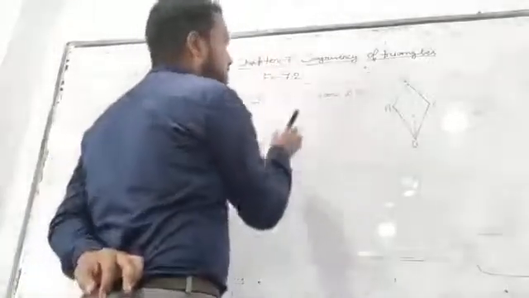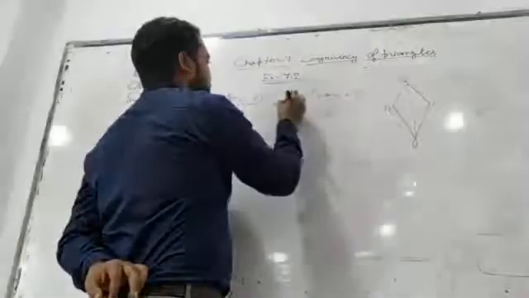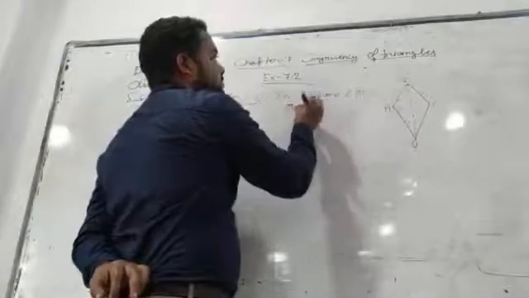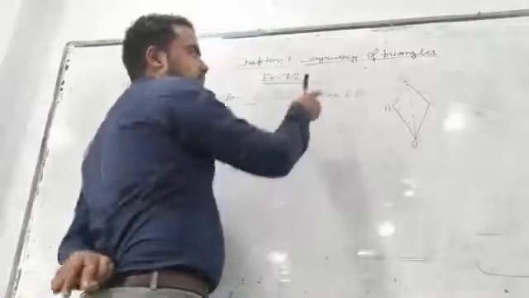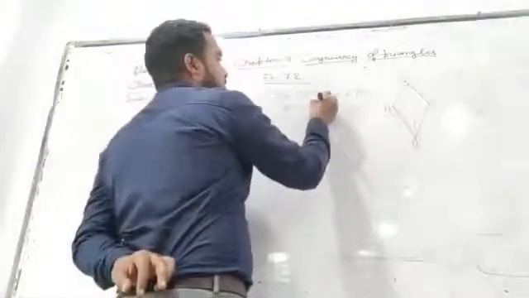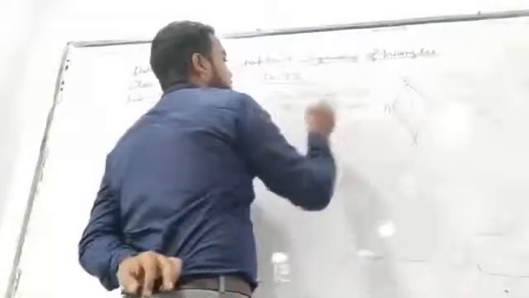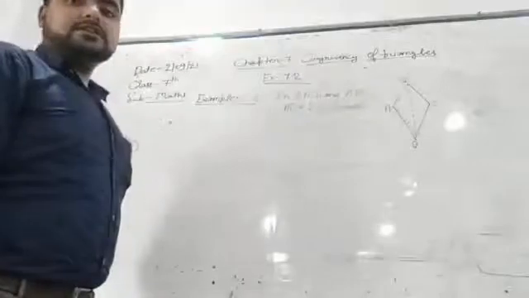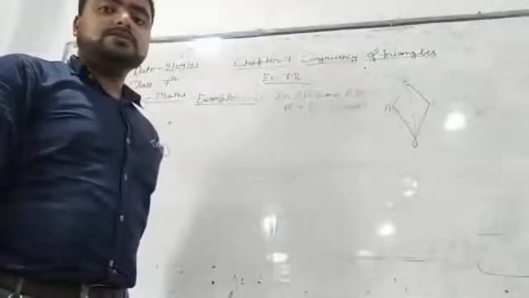So the equal parts are, that is given, AD of triangle ADB is equals to DC, which is the side of triangle BDC. Why? Because it is given in the question. And we have to write the reason why these two parts are equal to each other.